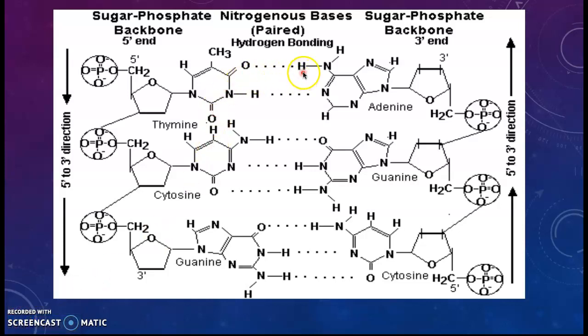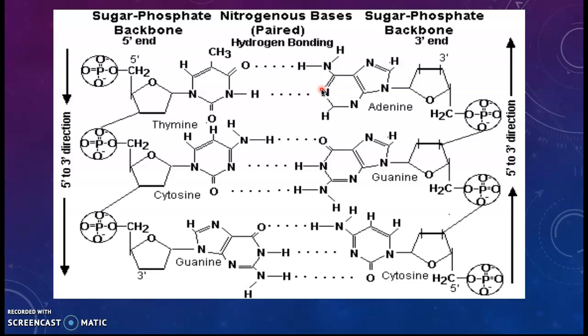So if we look here, we have a hydrogen bound to an electronegative nitrogen, and then an electronegative oxygen. So you can form a hydrogen bond here. Here we have a hydrogen bonded to an electronegative nitrogen and another electronegative nitrogen. So thymine and adenine are the only ones that could form these bonds in this direction and in this way.